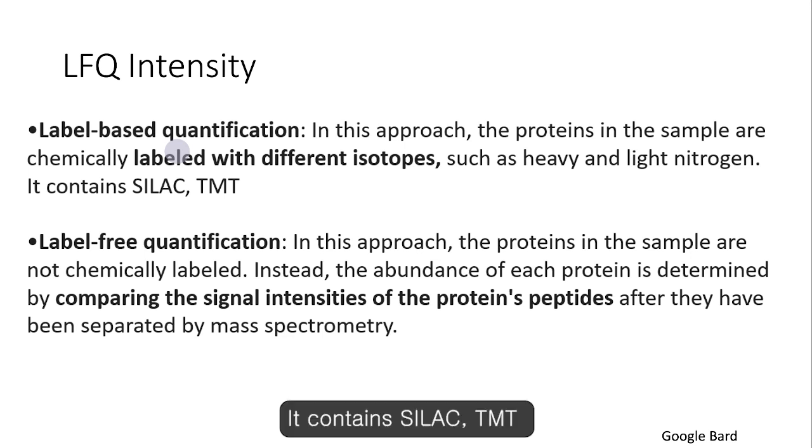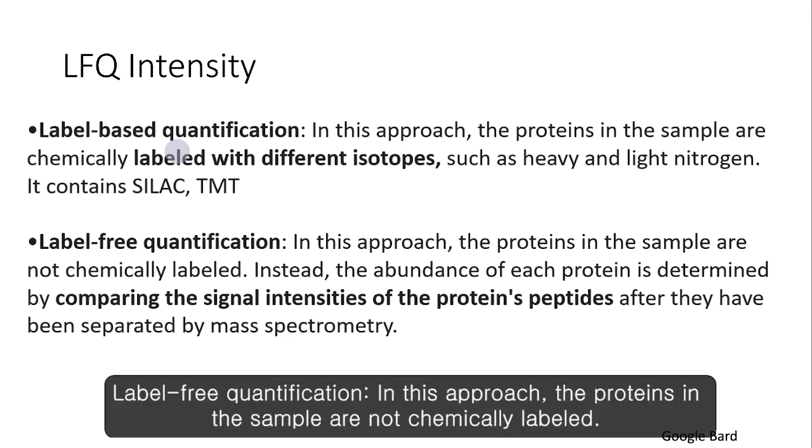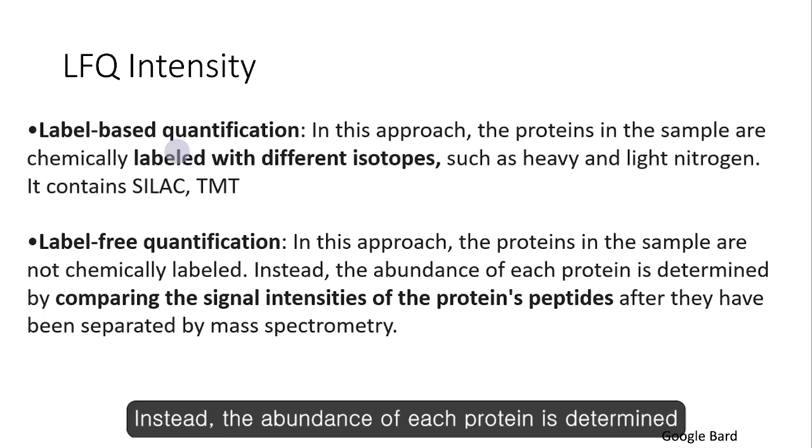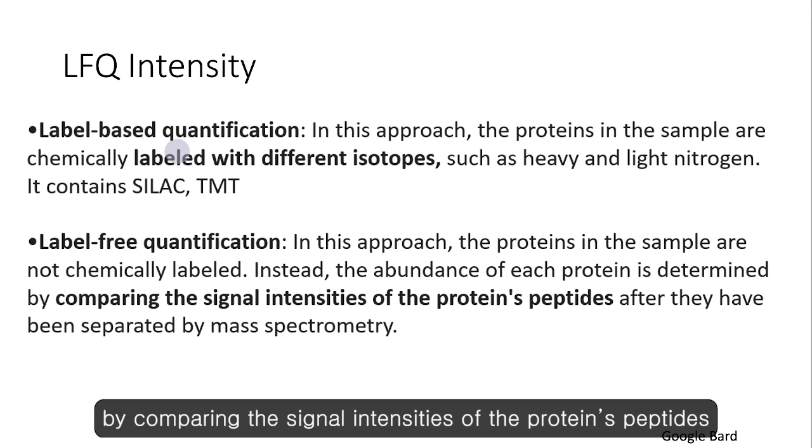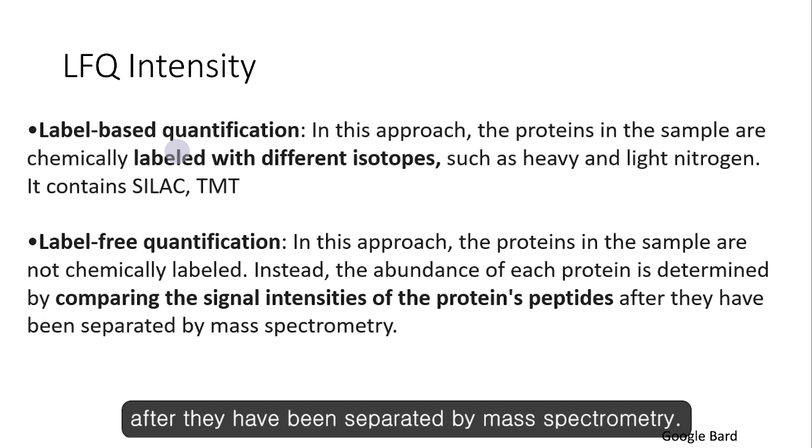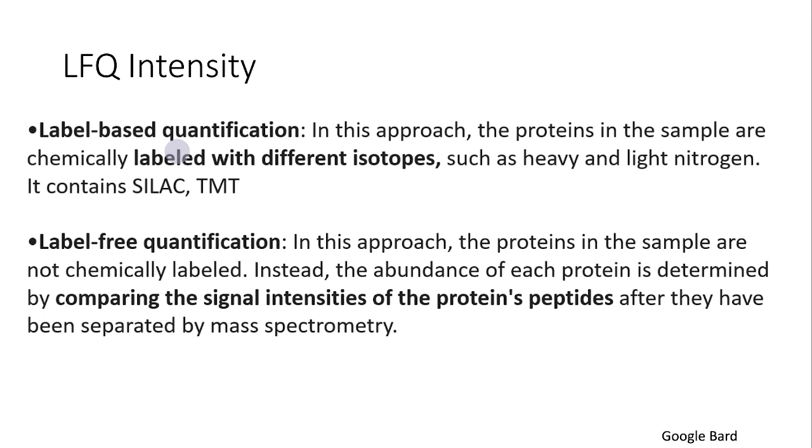It includes SILAC and TMT. Label-free quantification: in this approach, the proteins in the sample are not chemically labeled. Instead, the abundance of each protein is determined by comparing the signal intensities of the protein's peptides after they have been separated by mass spectrometry.